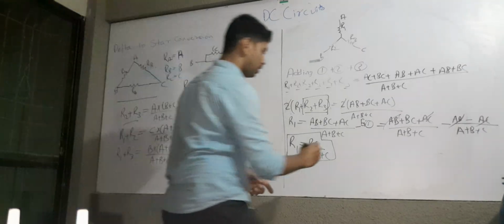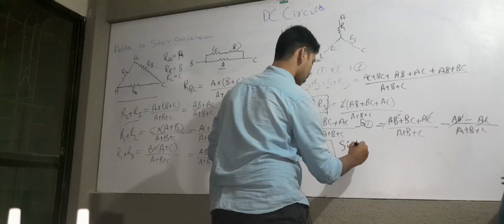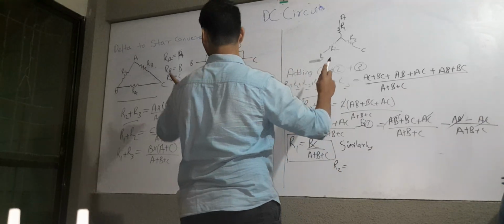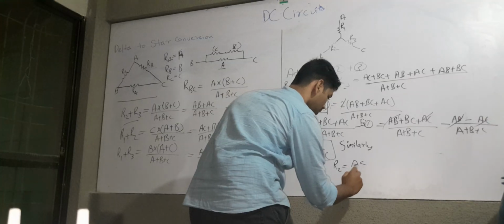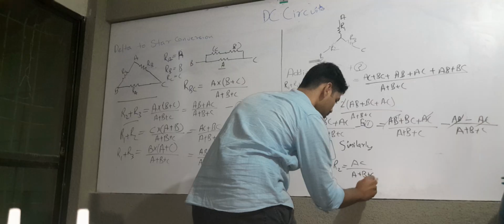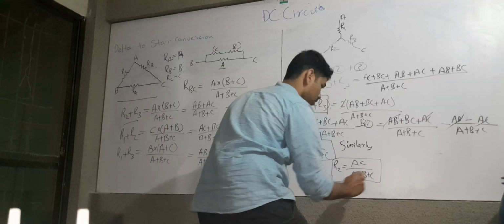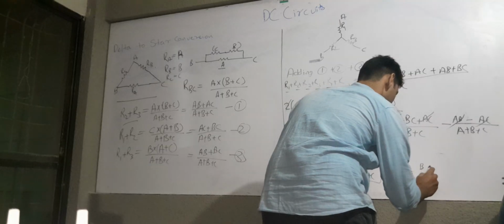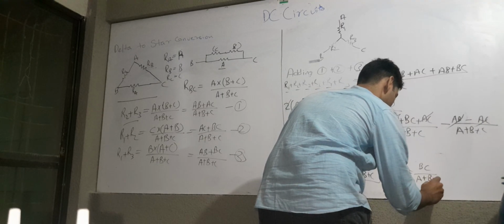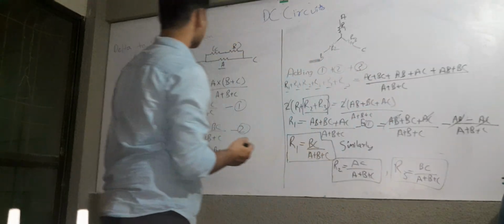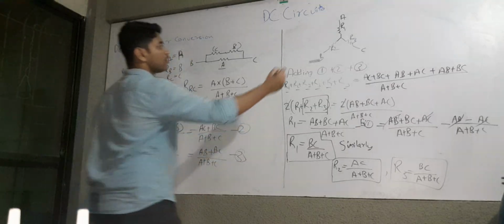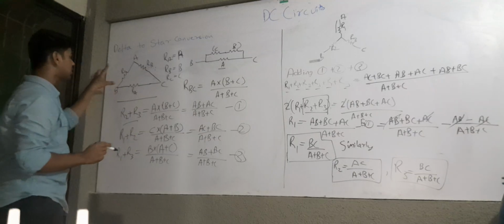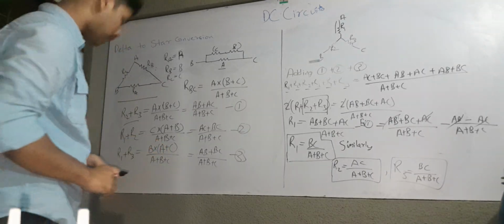Similarly, R2 is... So the trick here is that whichever branch you are looking at, that is the multiplication of the adjacent resistance upon the summation of total. So let's look at it with the help of a question.